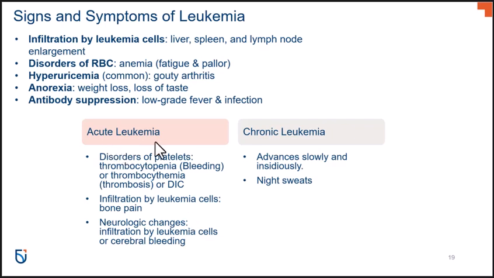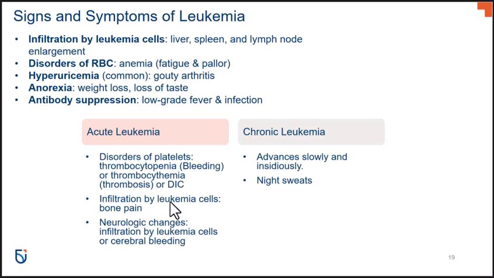It's not entirely uncommon for those with acute leukemia to develop two different types of disorders of platelets, one being thrombocytopenia, a term I mentioned earlier that is part of that umbrella term pancytopenia, where you're not producing as many platelets, and so the ability to clot is reduced. In other cases, there can be an increase in the production of platelets, leading to an increased likelihood that clots will form.